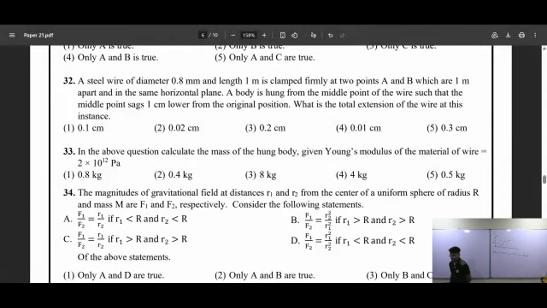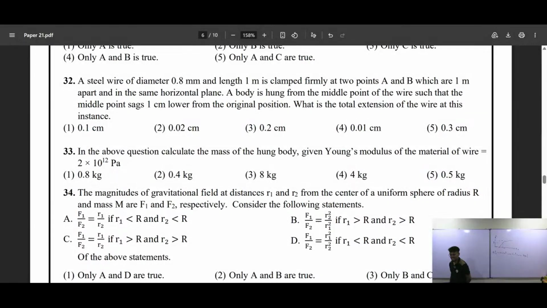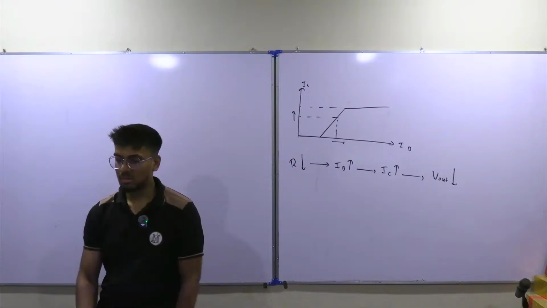A body is hung from the midpoint of the wire such that the middle point sags 1 centimeter lower from the original position. What is the total extension of the wire at this instance? That is the question.